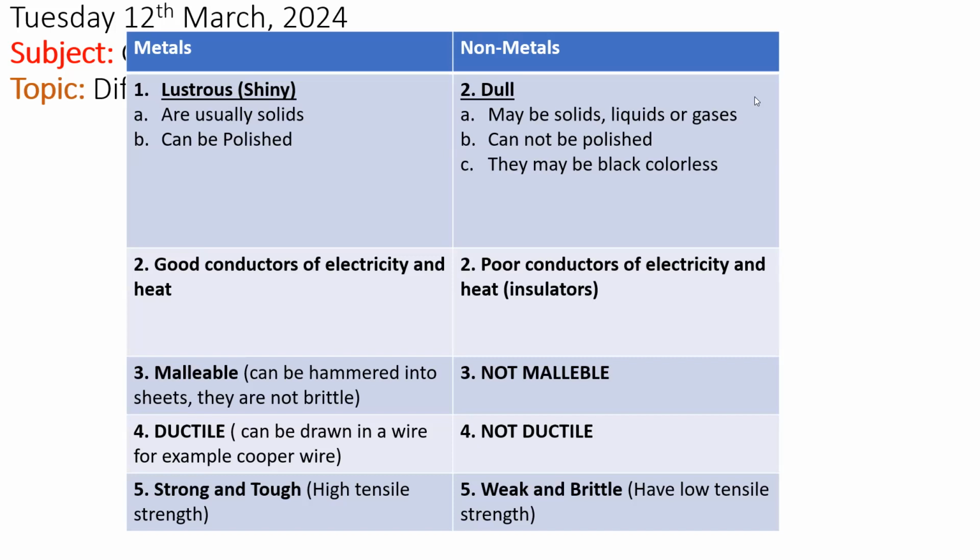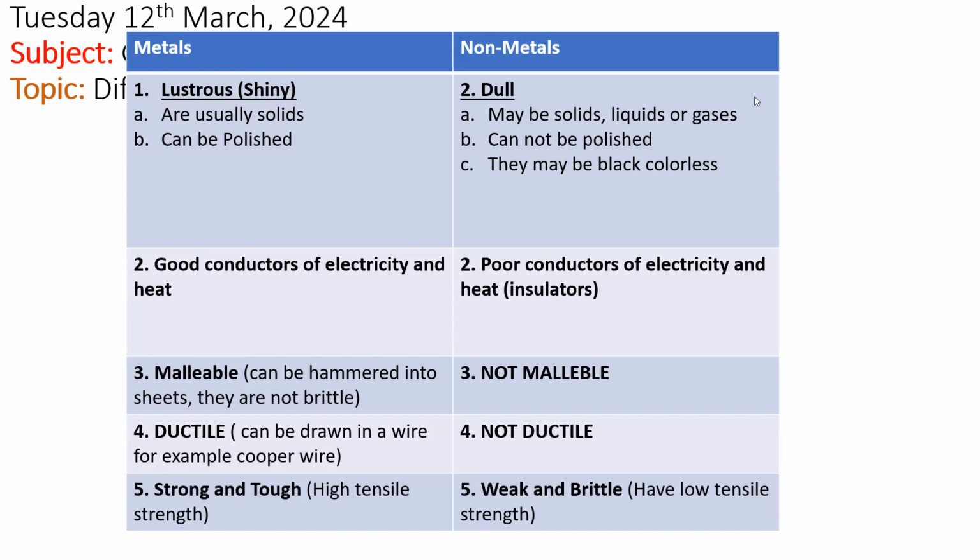Which one is strong and tough? Metals or non-metals? Metals are strong. Very good. Which ones are insulators? Non-metals. Non-metals, very good. Which ones are ductile? Metals. Metals, very good.